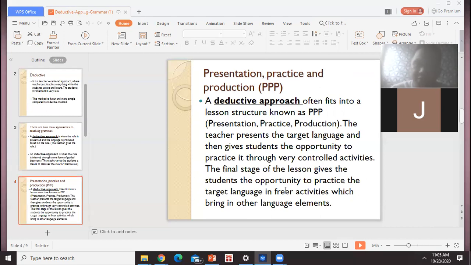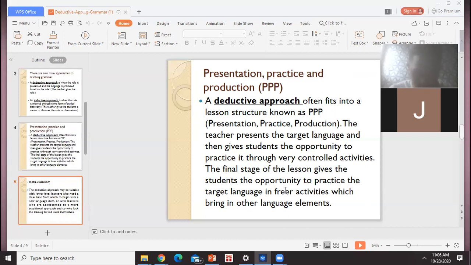This PPP helps the teacher give the grammar rules, and the students cooperate and follow the rules given by the teacher.